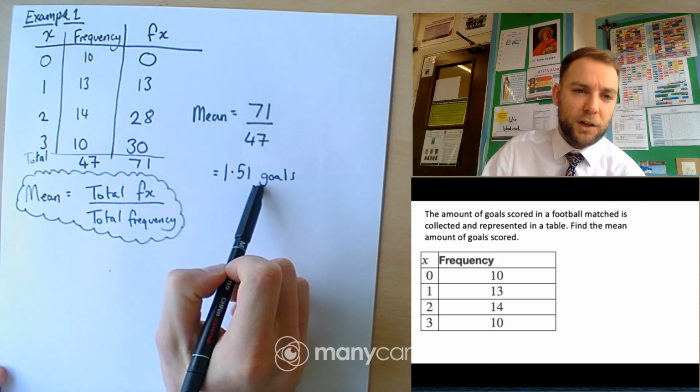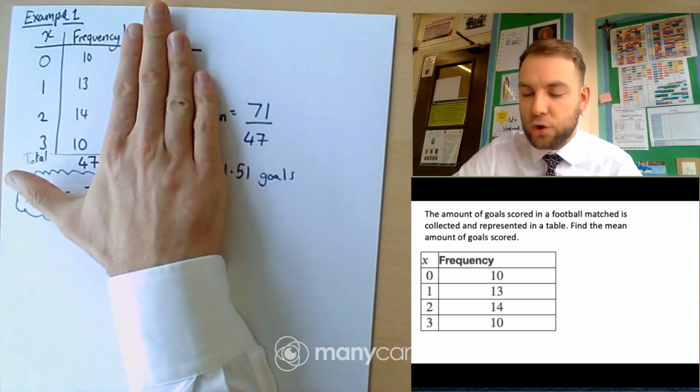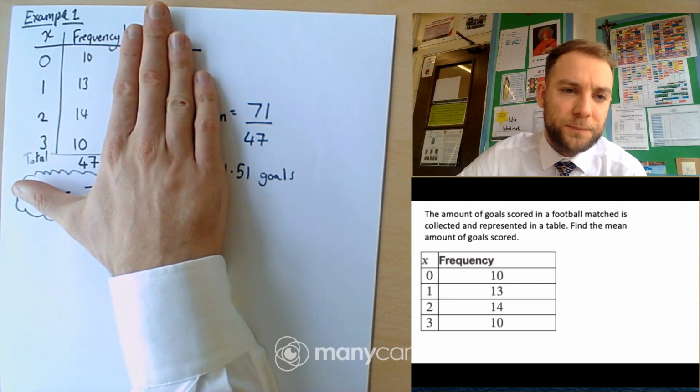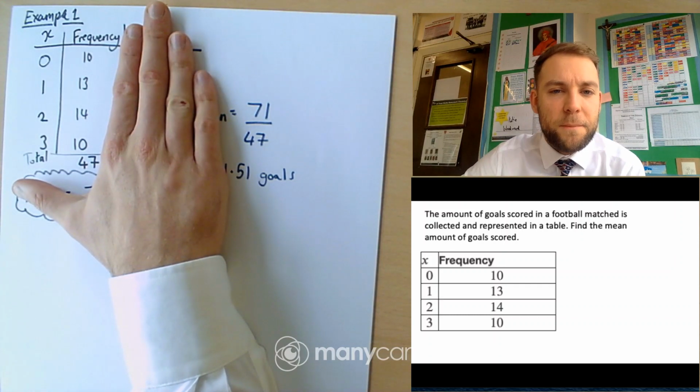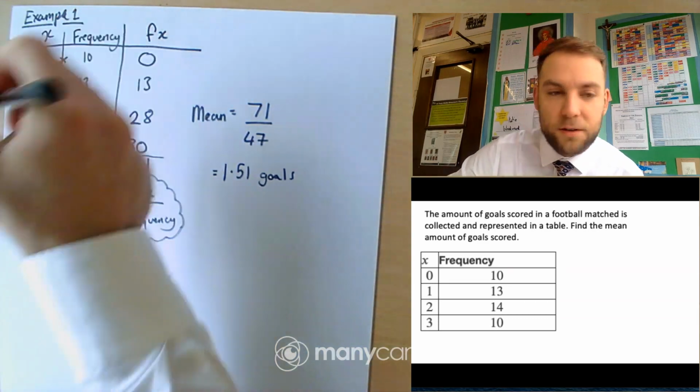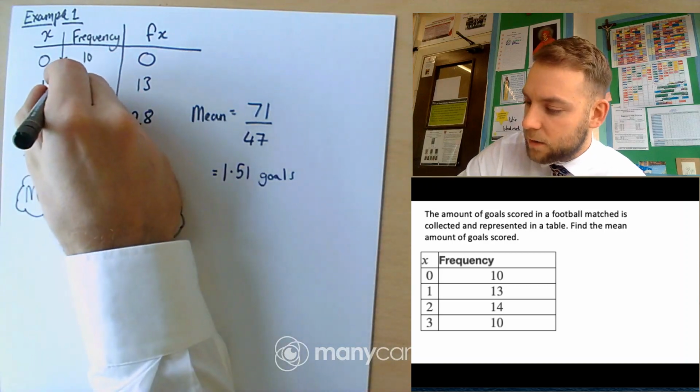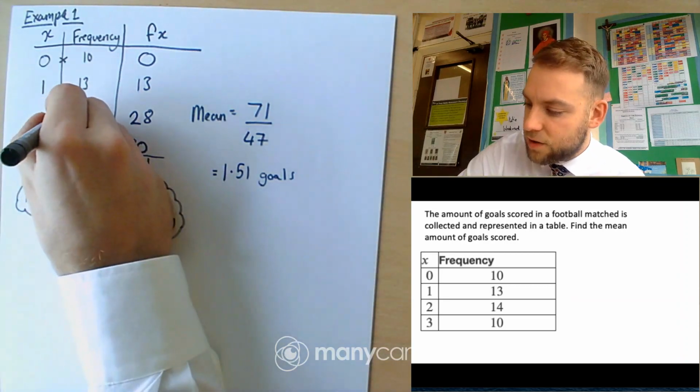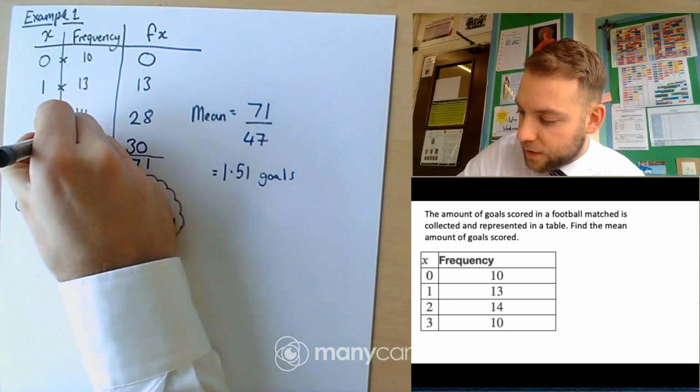So just go back a little bit here. You'll be given just this frequency table, and to find the mean from a frequency table, you need to create this FX column, and you do that by timesing these. So 0 times 10, 1 times 13, 2 times 14, and 3 times 10.